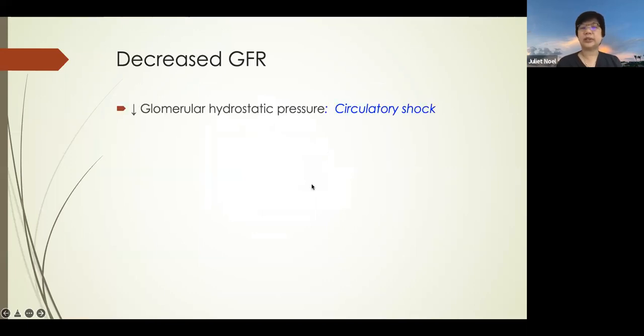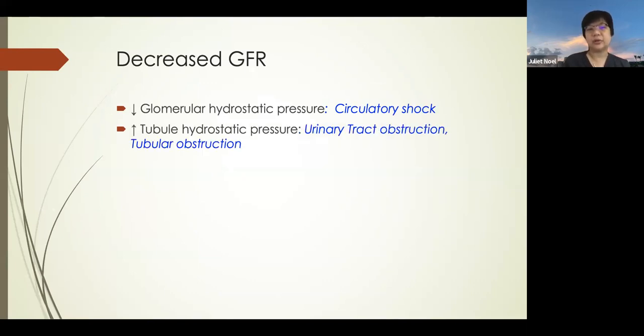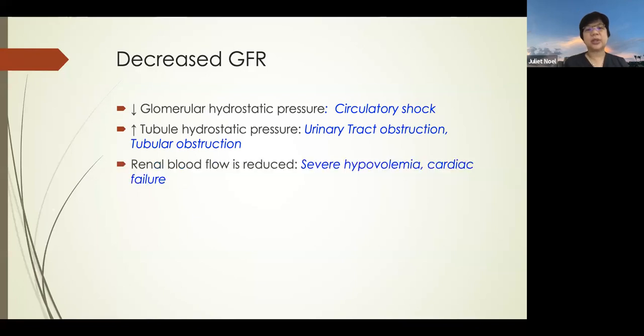So for decreased GFR: if you have decreased glomerular hydrostatic pressure, like decreased blood pressure in circulatory shock, you'd expect a decreased GFR. If you have increased tubular hydrostatic pressure, as we see in urinary tract obstruction or tubular obstruction, then you would also have decreased GFR. Renal blood flow is reduced in severe hypovolemia and cardiac failure, so effective intravascular volume is reduced, and that would also cause decreased GFR.